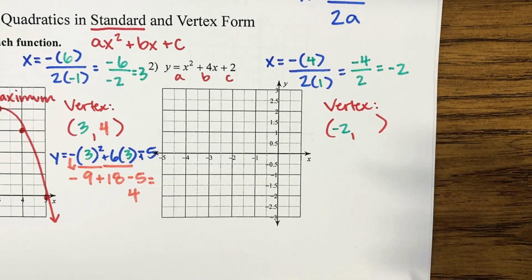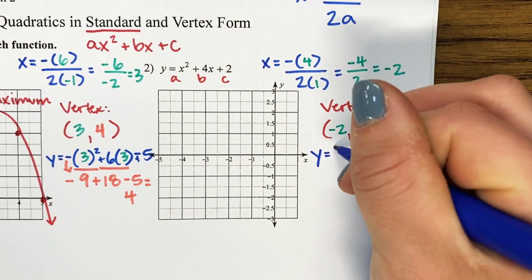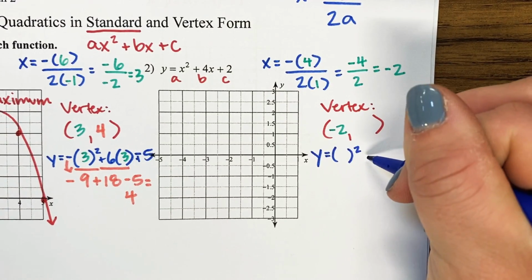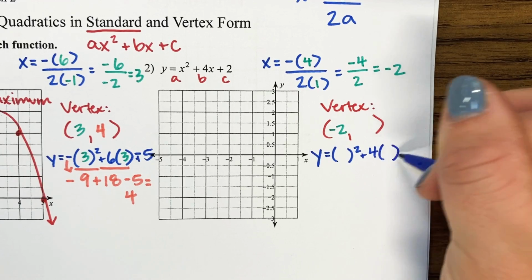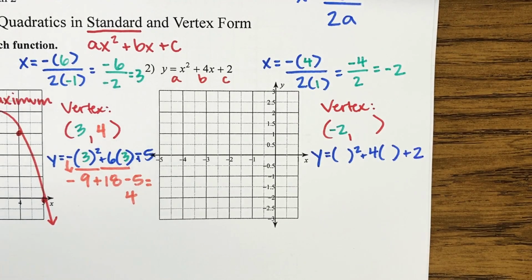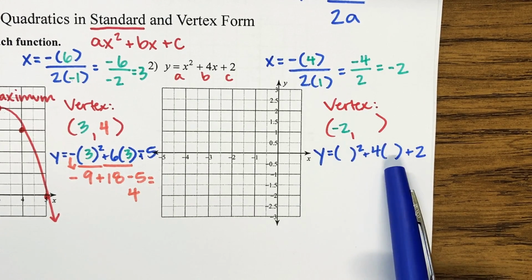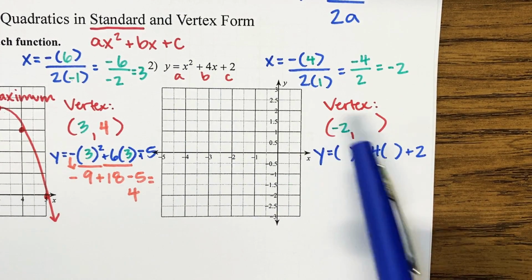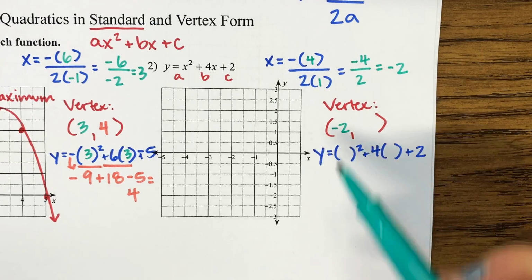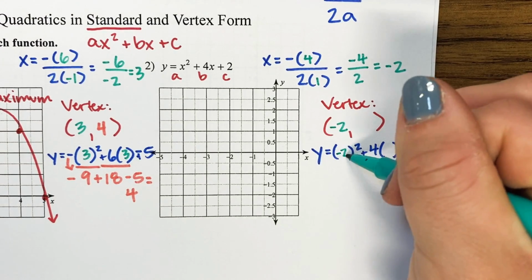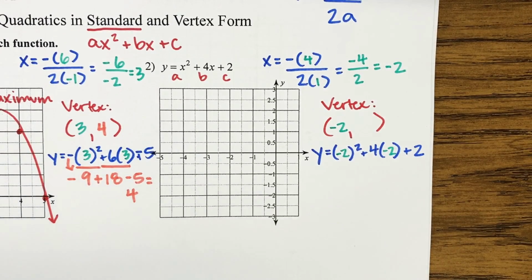So I have y equals x squared plus 4x plus 2. Everywhere I see that space where x used to be, I'm going to plug in negative 2, because we found out that x equals negative 2.